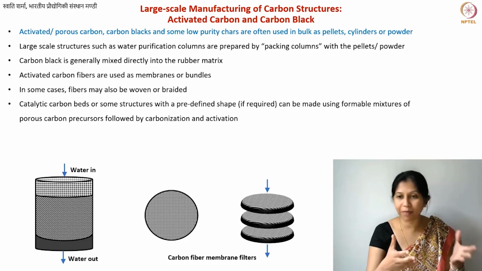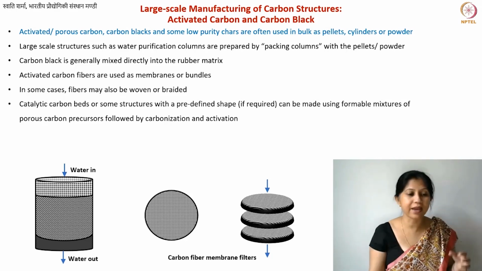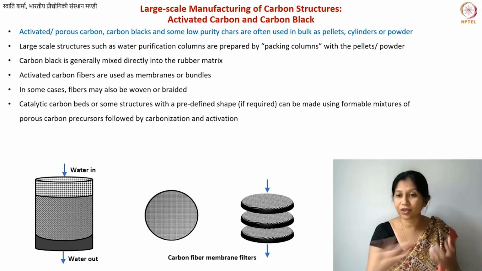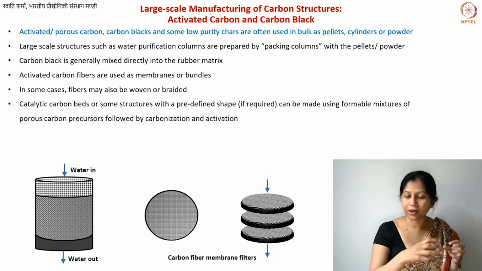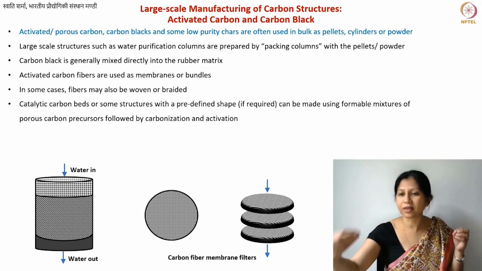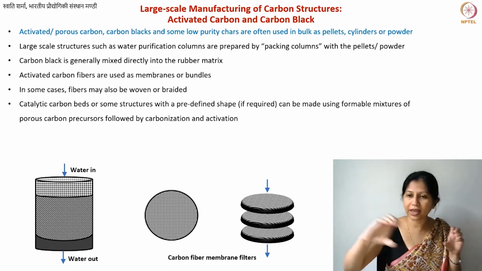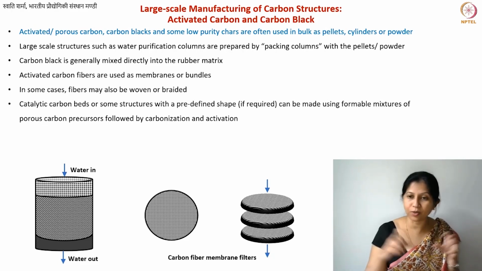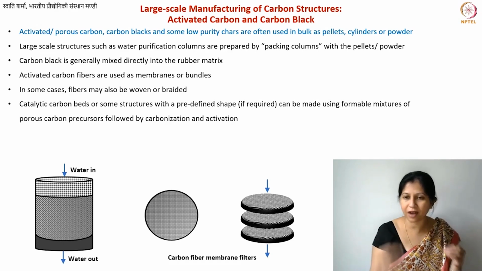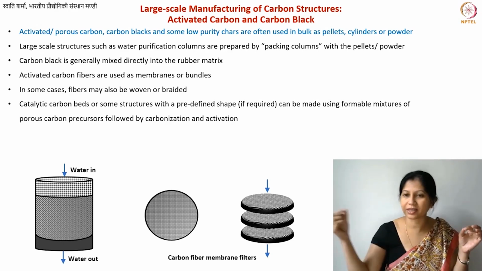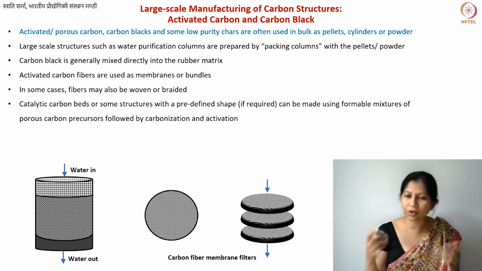So you can pack a column again, and let's say I want to pass some gas through it, and then perform certain catalytic activity on that gas. So I can use a column or tube-like structure where I filled activated carbon, and from one side to another side we can pass the gas through it, or even liquid. So that is also one option.